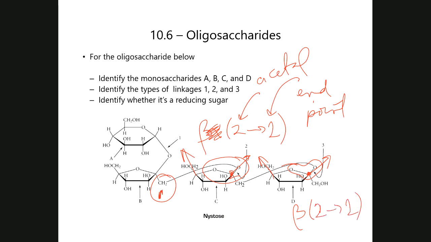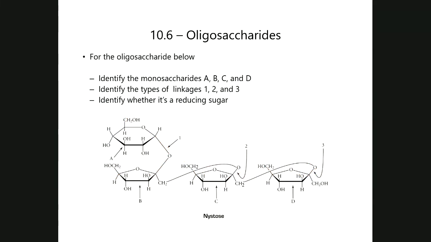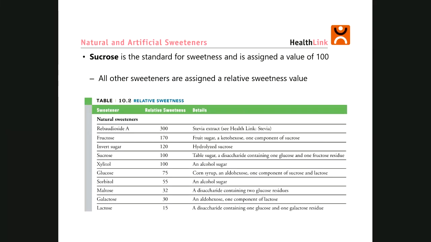It's going from number 2 on this one to number 1 on that one. And here it's going from number 1 on this one to number 2 on that one. And this is alpha, but this one is beta. Okay? All right.